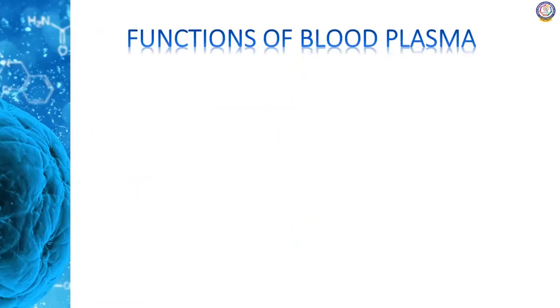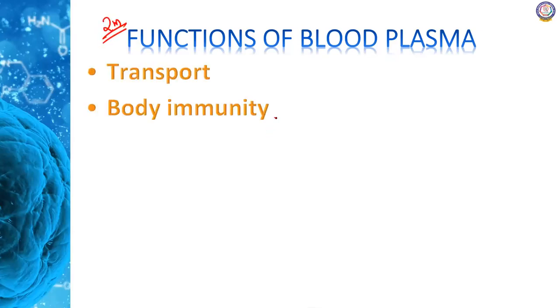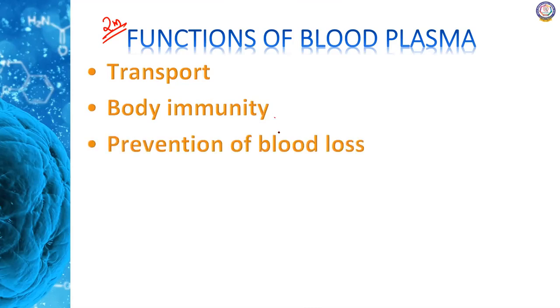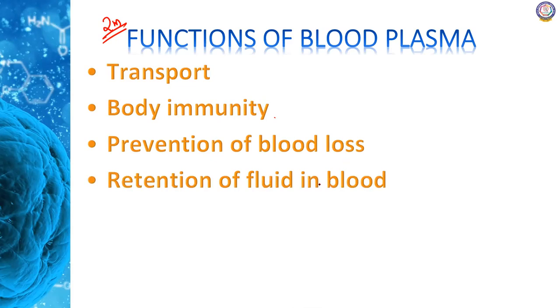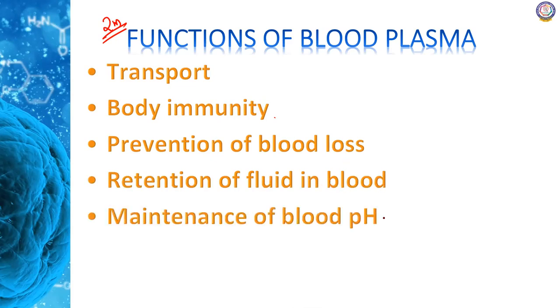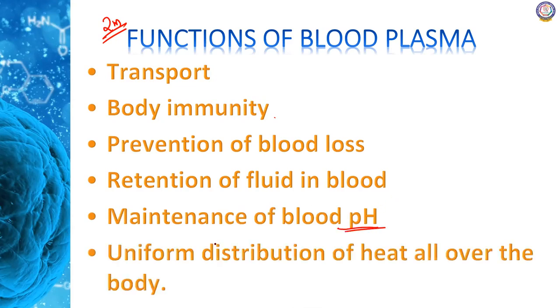Functions of blood plasma, another important 2 marks based question. Helps in transport, provides immunity, prevention of blood loss because it's a watery fluid, retention of fluid in blood, maintenance of blood pH, which is alkaline in nature, and uniform distribution of heat all over the body.